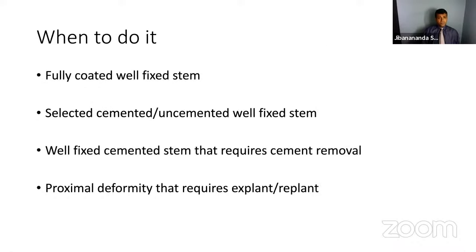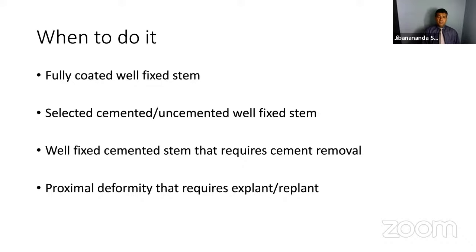So when to do it? Typically a well-fixed, fully coated stem, some selected cemented as well as some uncemented, well-fixed stem that may not be fully coated. A well-fixed cemented stem that requires cement removal. There's extensive cementing and it's well bonded. It's very difficult to take it out without ETO.